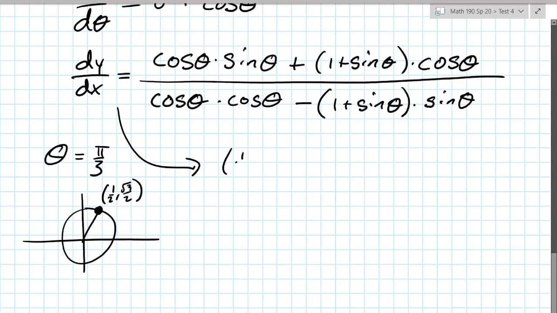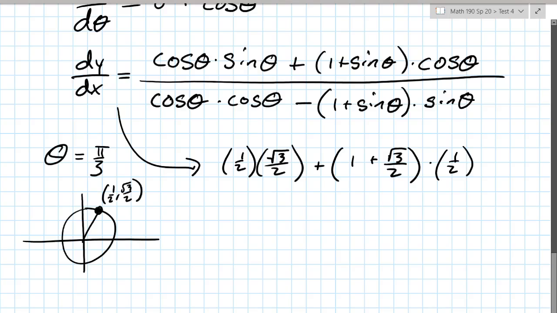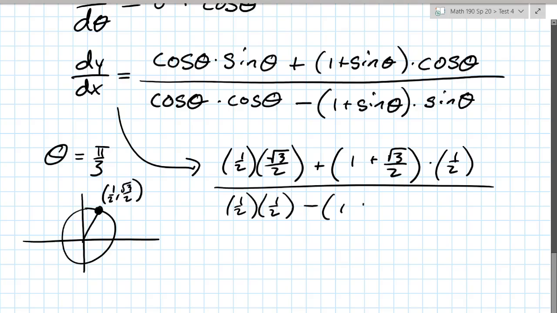So we have 1/2 times the square root of 3 over 2 plus 1 plus the square root of 3 over 2 times 1/2, over 1/2 minus 1 plus square root of 3 over 2 times square root of 3 over 2. And there we have our slope of the tangent line. Turns out, when you work it all out, this should give you -1.